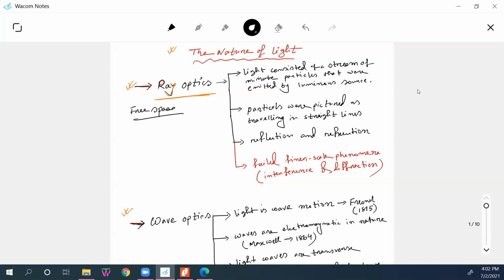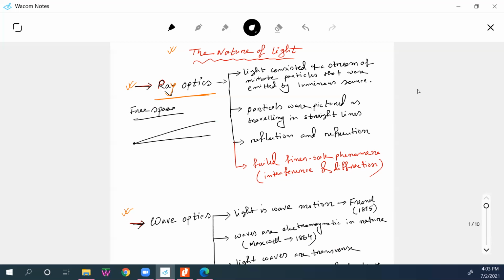So what does ray optics deal with? Light consists of a stream of minute particles that are emitted by a luminous source. Obviously, the particles are pictured as traveling in a straight line. That's the main concept of ray optics. We imagine this is a light source and light goes in a straight line from the source.